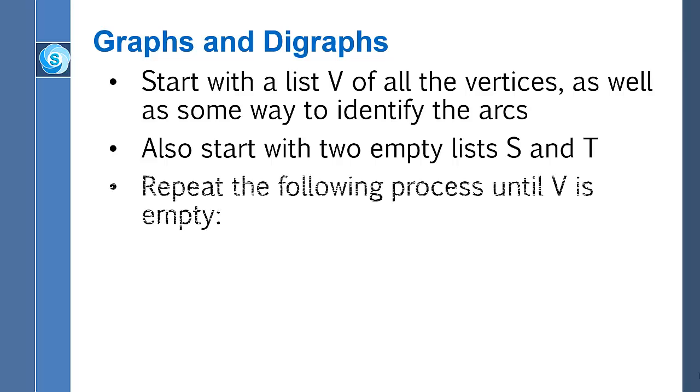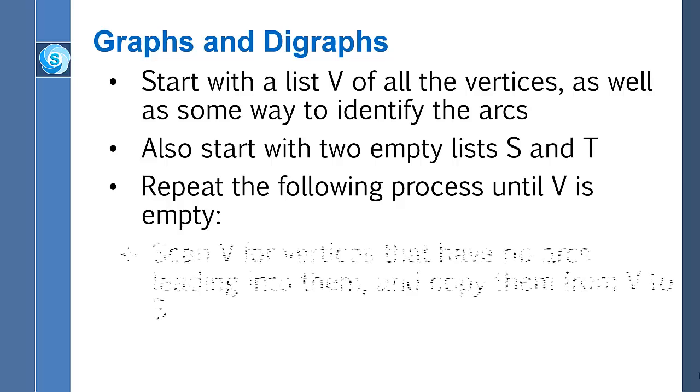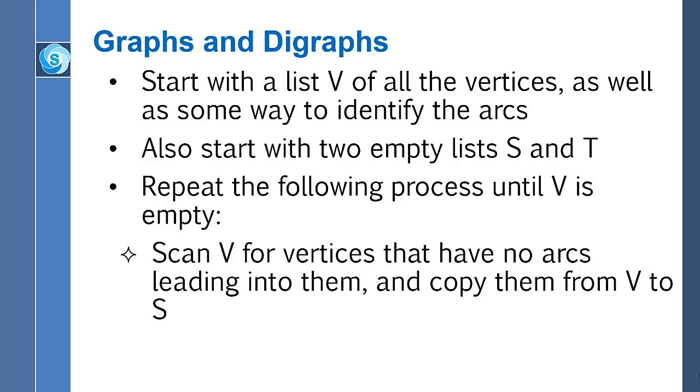Okay, and then the algorithm proceeds by means of a loop, and this loop is going to repeat until the list V is empty. Each time through this loop, what we have to do is go through the list V and identify any vertices whose in degree is 0.